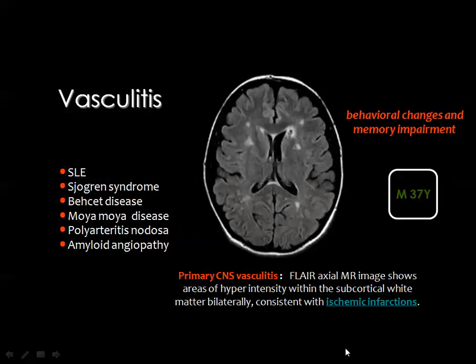Finally, we have few words about vasculitis, and vasculitis is seen in patients with autoimmune diseases like systemic lupus, Sjögren, moya disease, polyarteritis nodosa, and in some cases also of amyloid angiopathy.